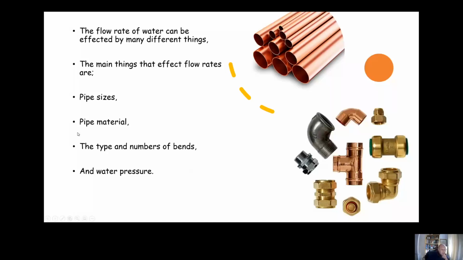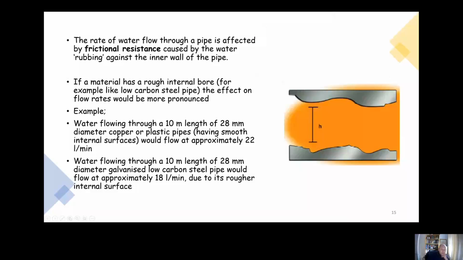But one of the biggest things that affects flow is the type and the number of fittings, particularly bends, on the system. As I've mentioned already, the rate of flow through a pipe is affected by the frictional resistance of the pipe, and because steel has got a rough internal bore, it will affect the flow rate.